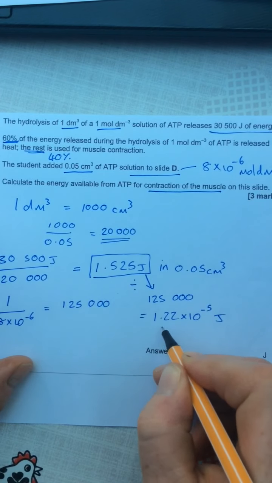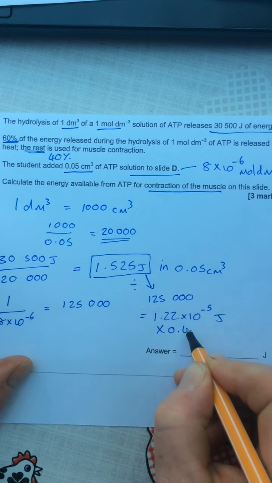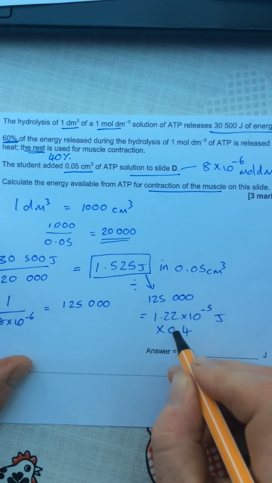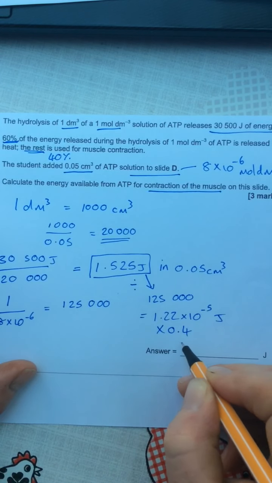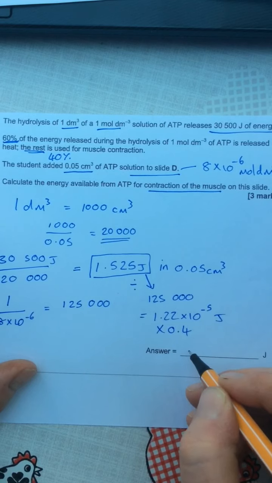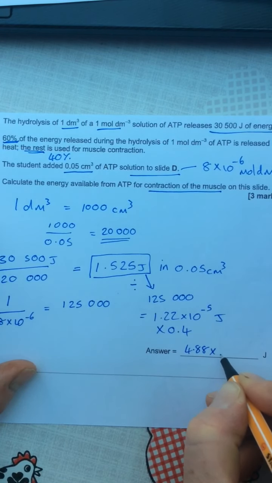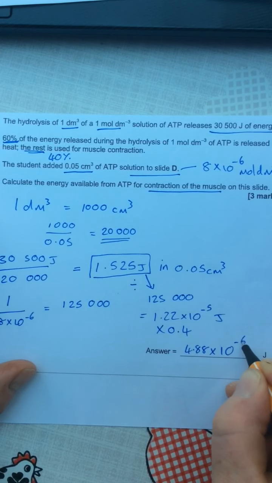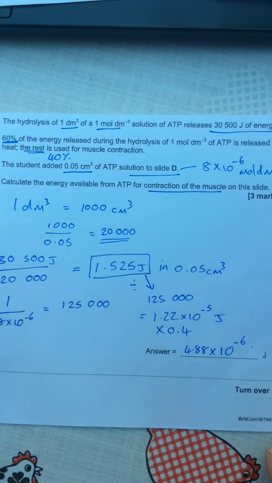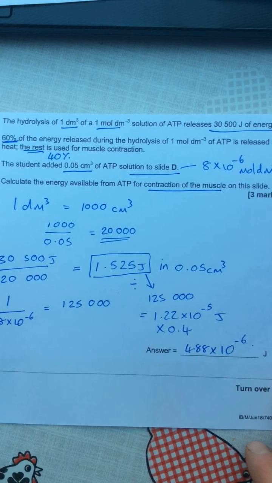So this value times 0.4, which is essentially 40%, gives you an answer of 4.88 times 10 to the minus 6. So this is how you carry out that calculation for 3 marks.